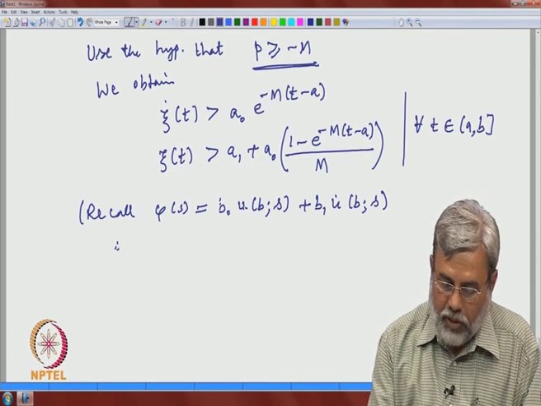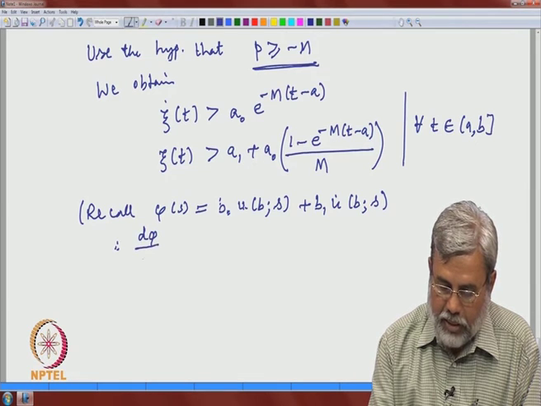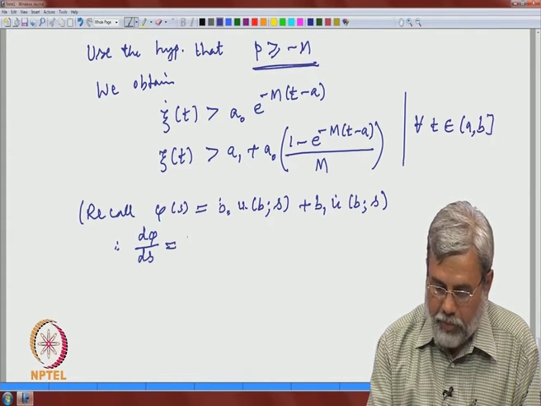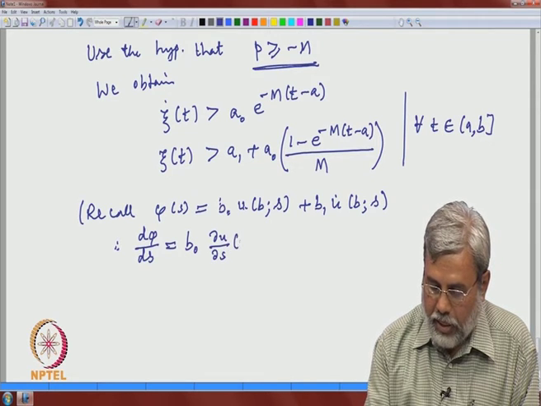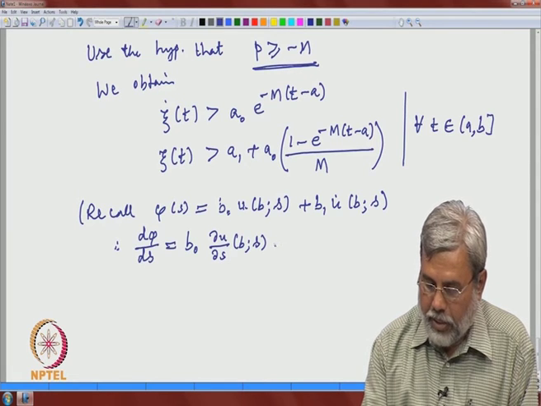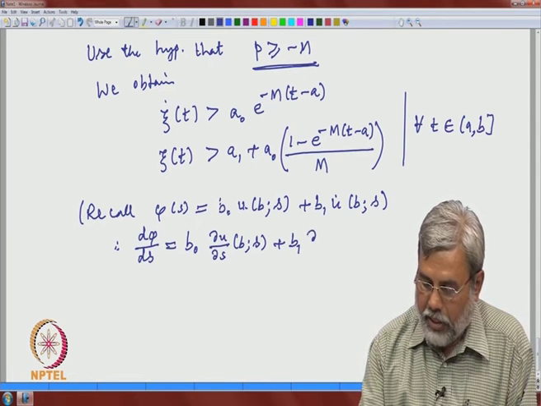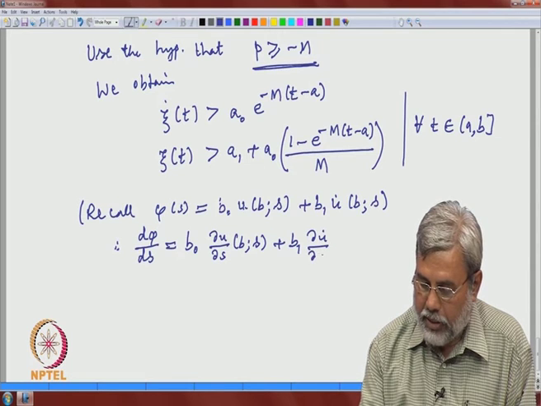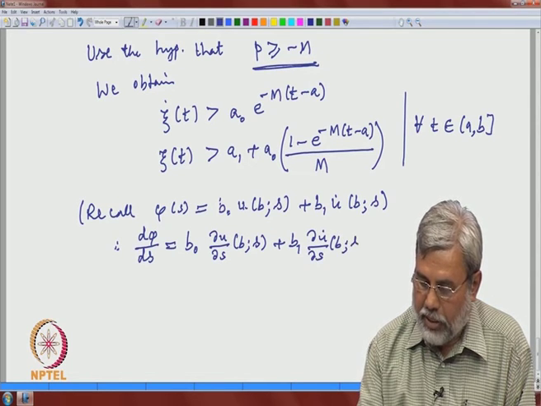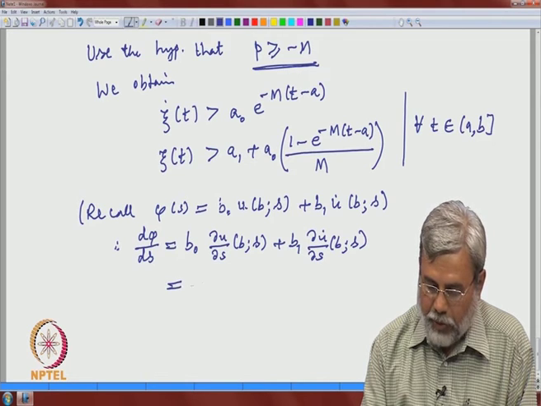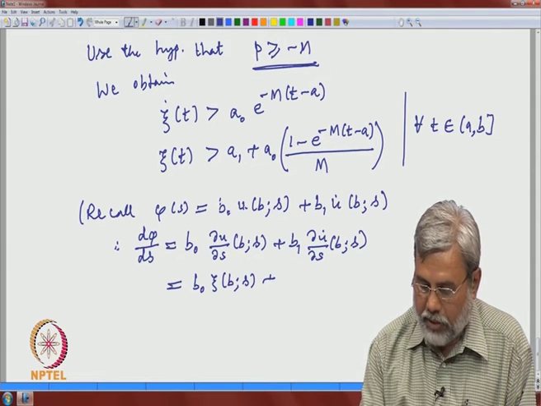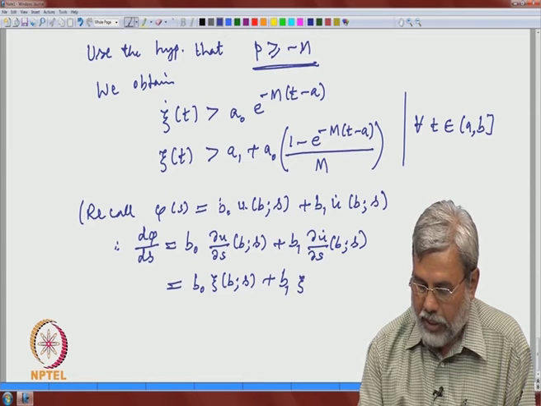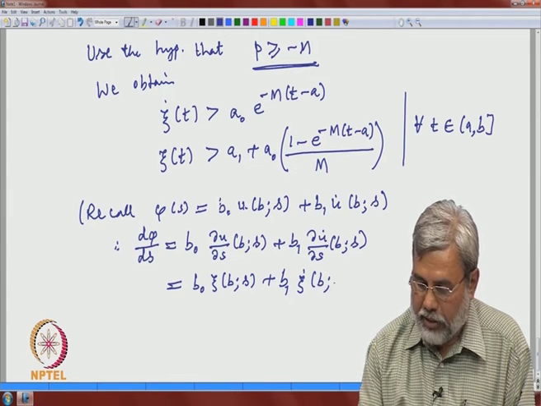So, therefore, d phi by d s is just b 0 d u by d s at b s plus b 1 d u dot by d s at b s, and by our notation this is nothing but j of b s plus b 1 j dot at b s.